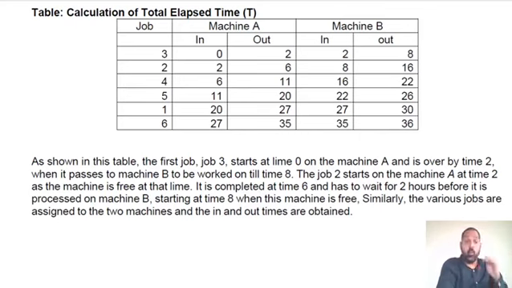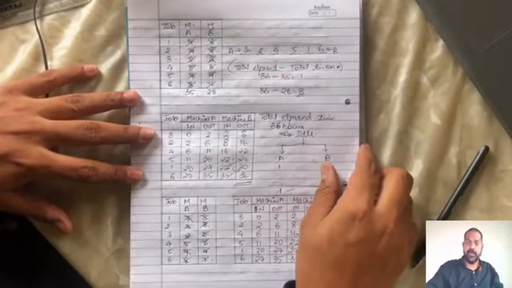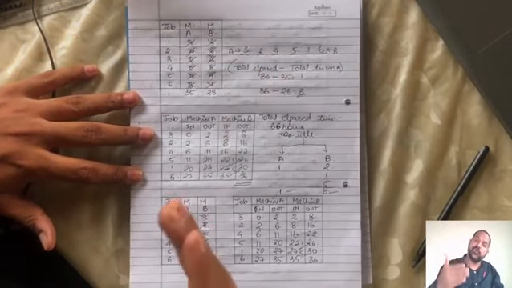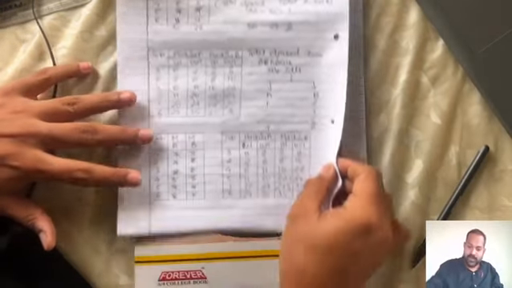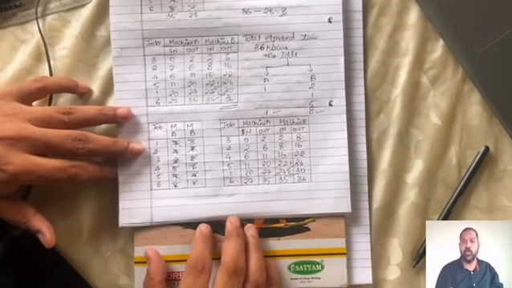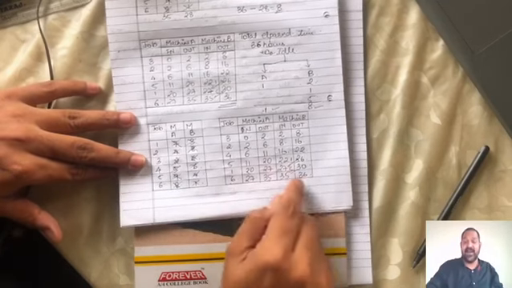Now, why did we sequence in the format that we have sequenced? Well, for a reason. If you sequence in any other format, the total lapse time will increase. I guarantee you that. No other sequence will give you a lesser lapse time.